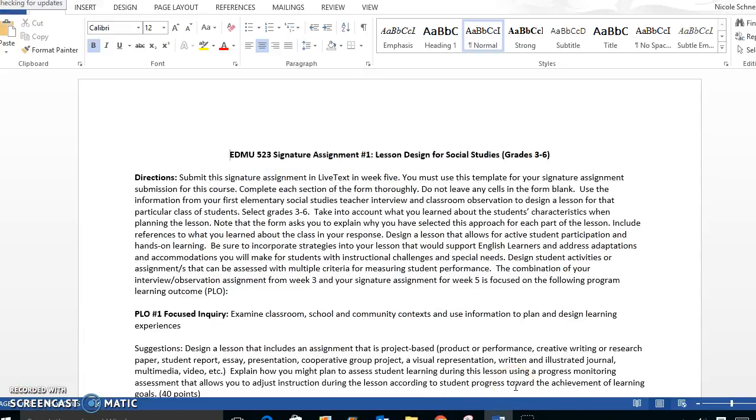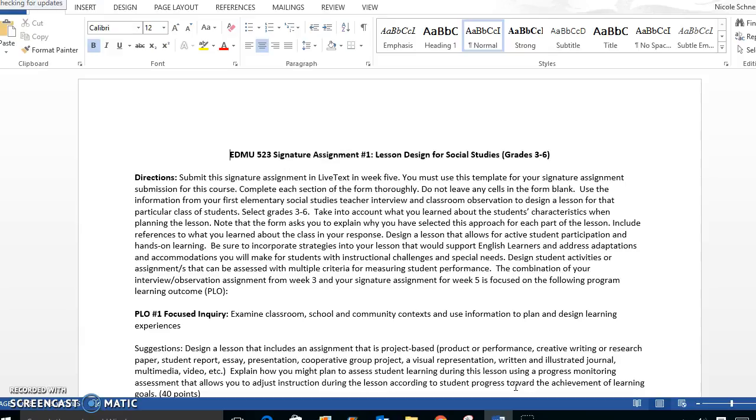It says, take into account what you've learned about the students' characteristics when planning the lesson. So you'll have to think about that class and why these strategies that you selected work for them. And there's a spot on the lesson plan for you to fill that reflection part in.